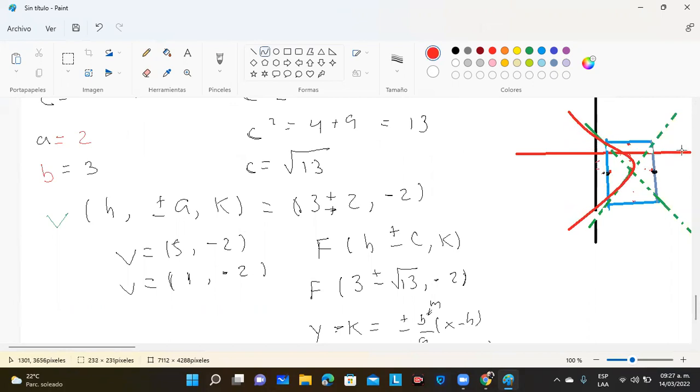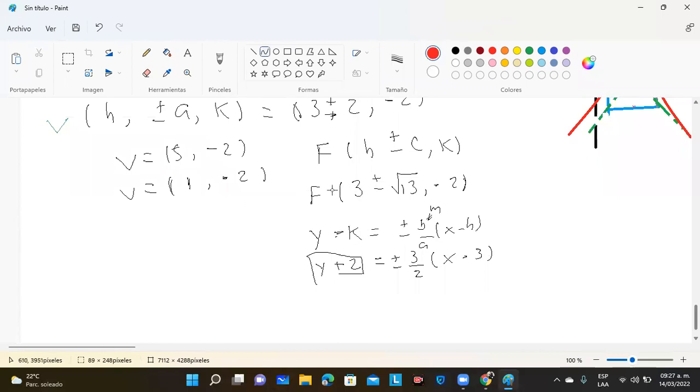And also here, not touching the asymptote, but very close to it. So here to the center. Now we have graphed the hyperbola.